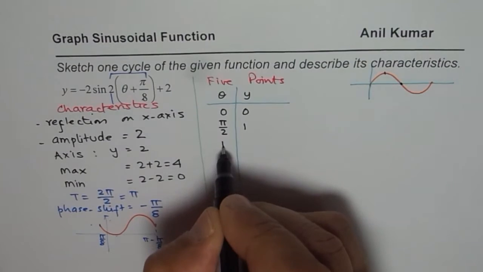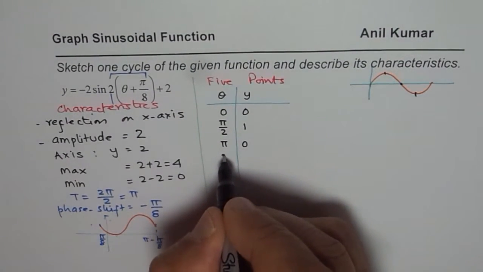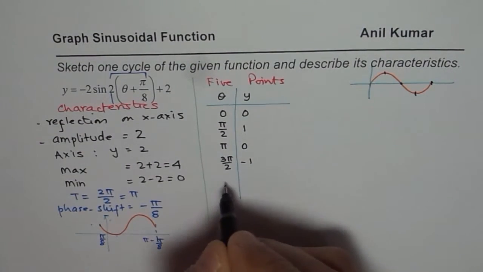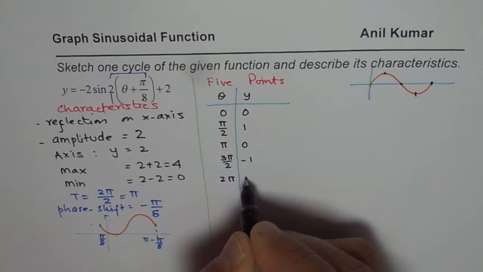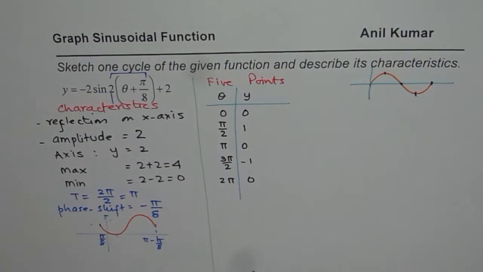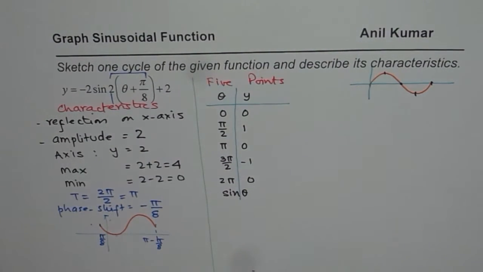When theta is pi, y is 0. When theta is 3 pi by 2, that's minus 1. And for 2 pi, the value is again 0. So these are your values for sine theta, which is not transformed.